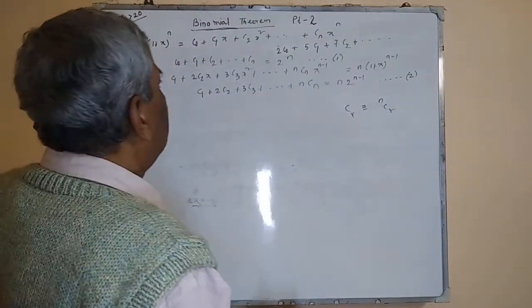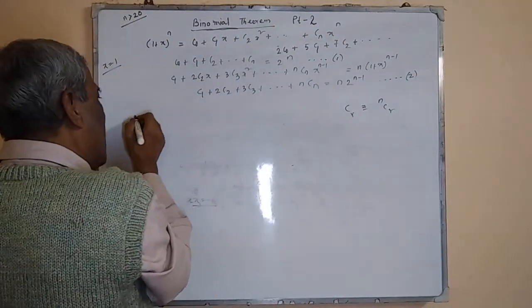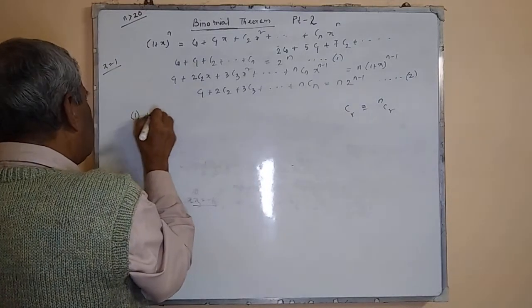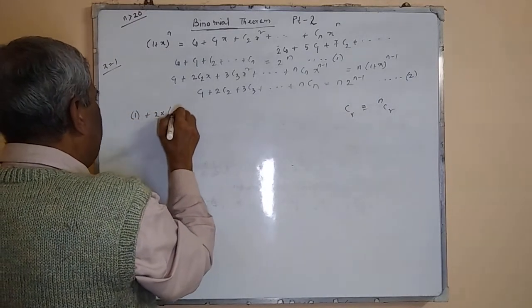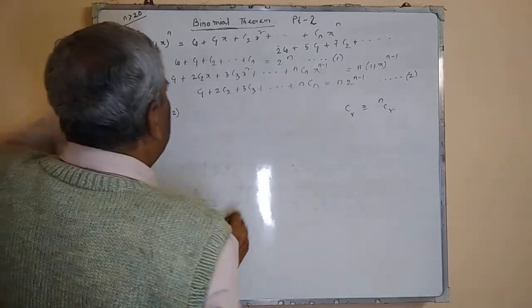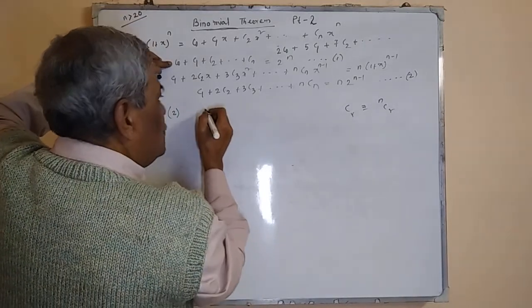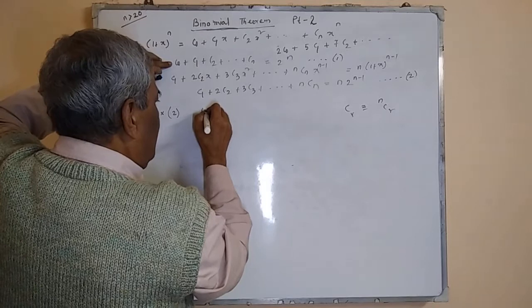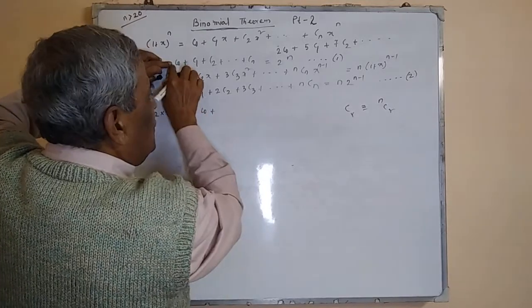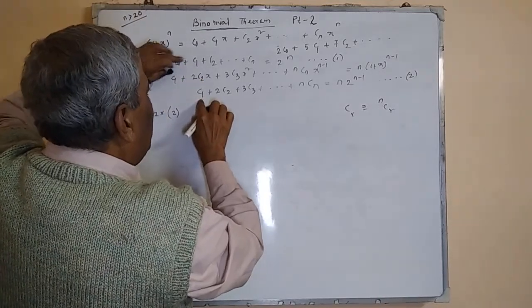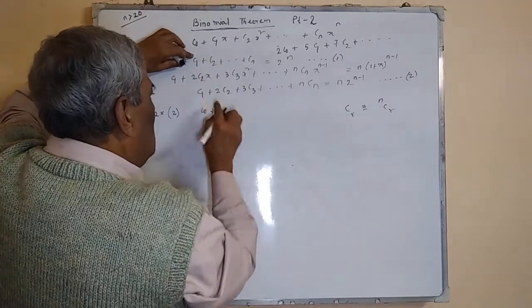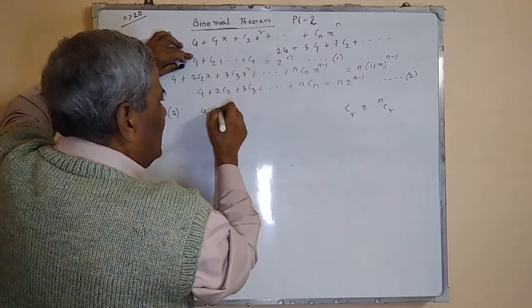Multiply. Now we add 1 plus 2 times second equation. This is C0 plus C0 and there is no C0. Now C1 plus 2 times that.